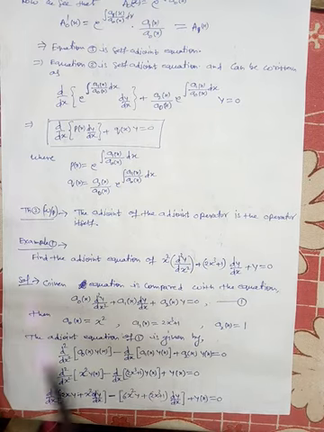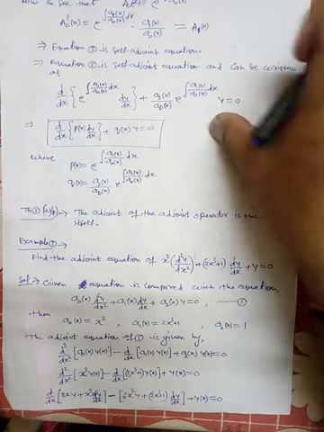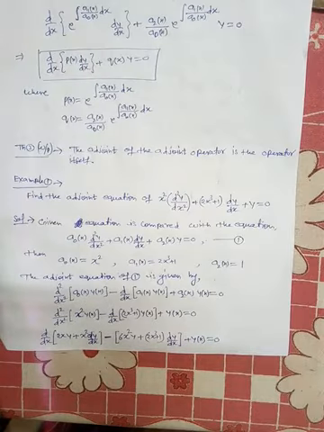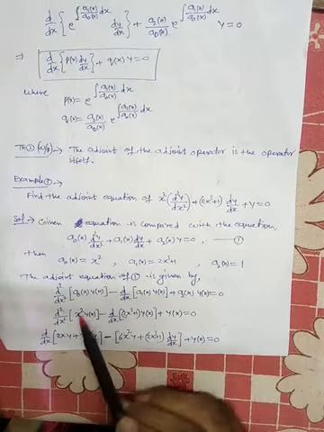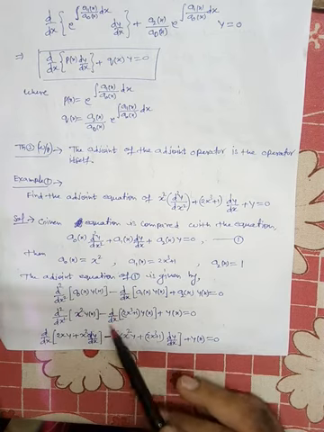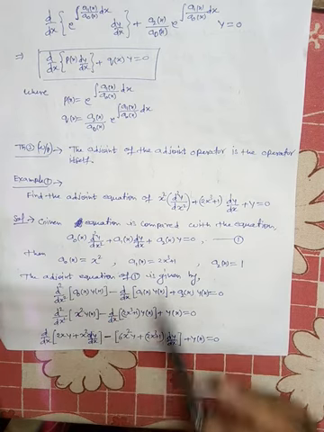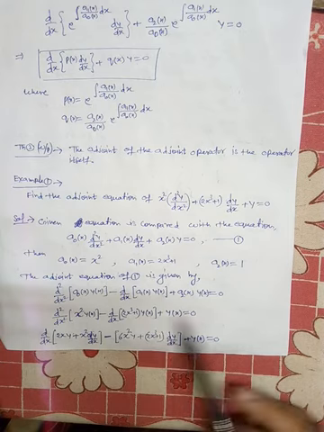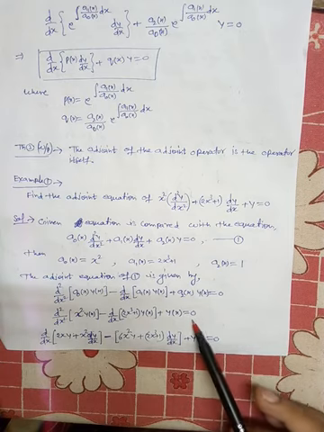This is the definition of the adjoint equation and we have already discussed it in the previous page. Okay, so here d2 by dx2 of a naught, x square y, minus d by dx of a1, which is this 2x cube plus 1 y, plus a2 is 1, so y is equal to 0.